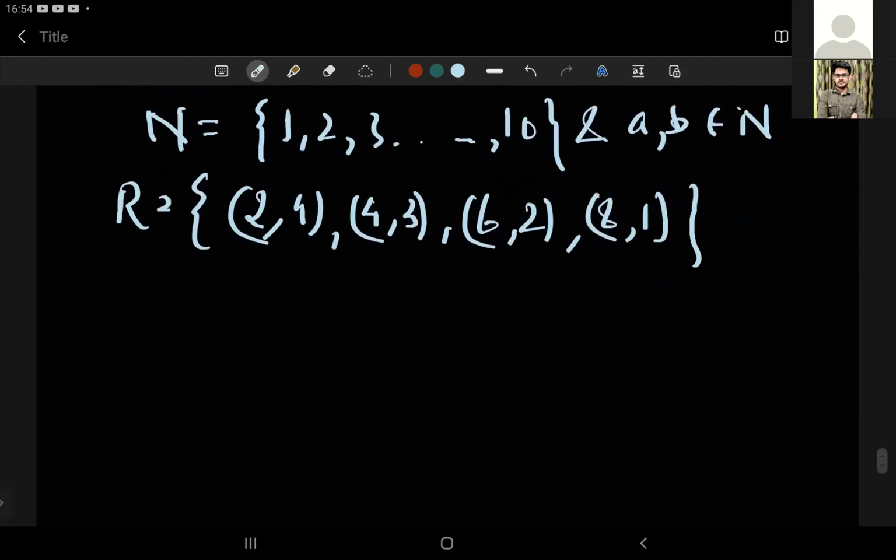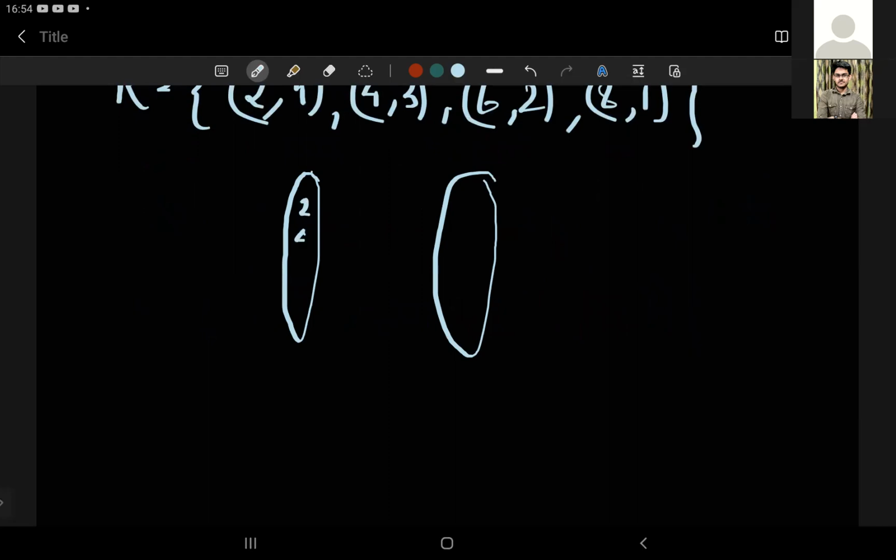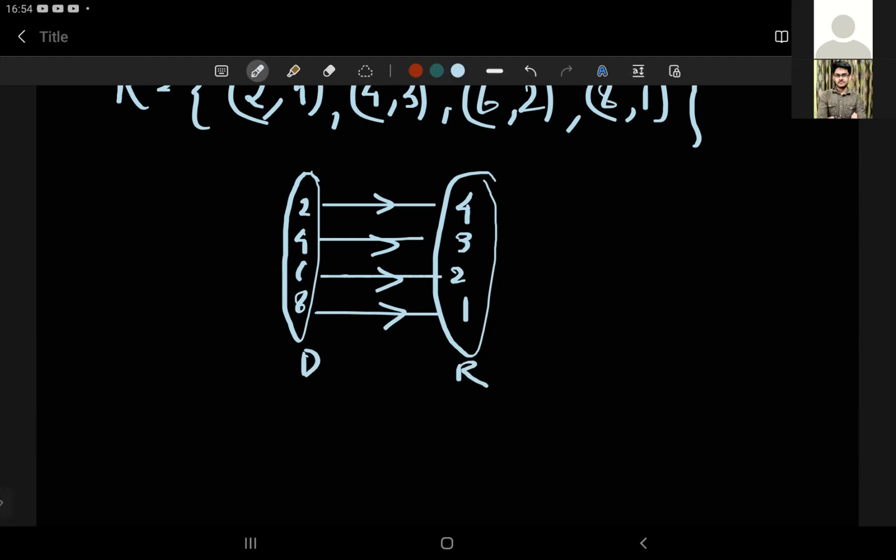So if we draw the representation of R, how will it look? 2 gets mapped to 4, 4 gets mapped to 3, 6 gets mapped to 2, and 8 gets mapped to 1. This is domain and this is my range.